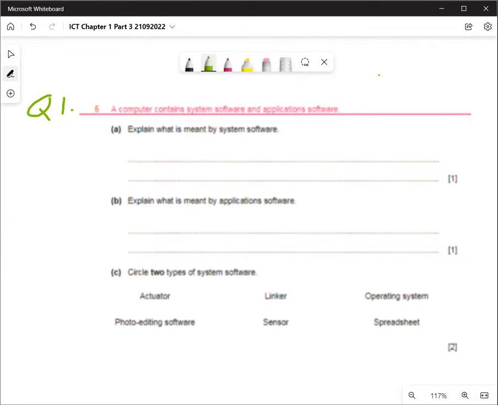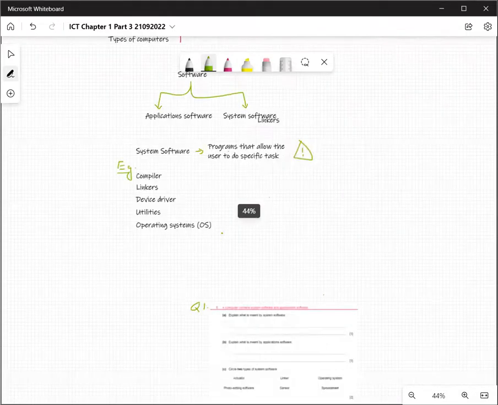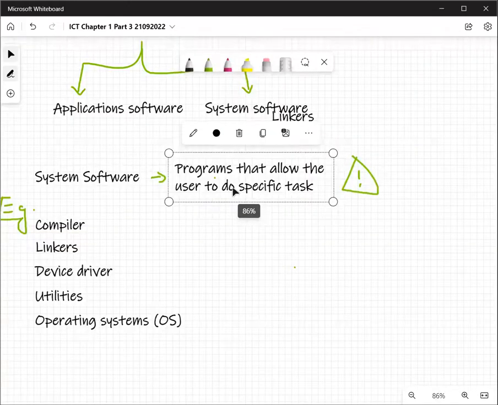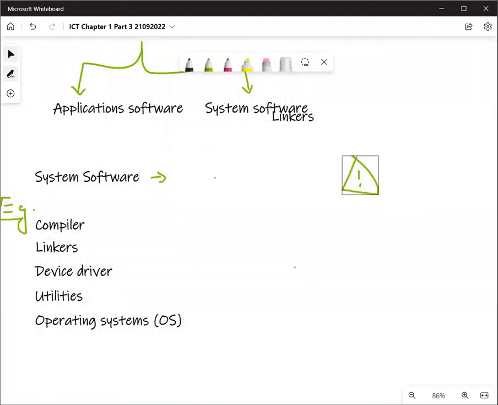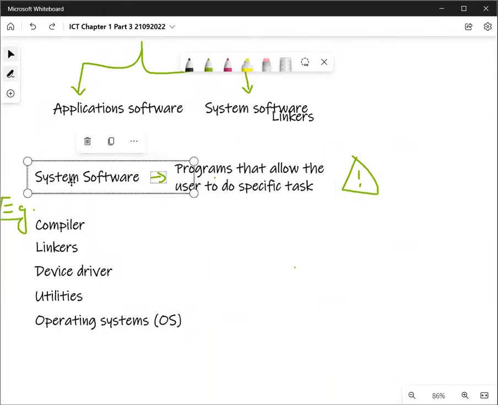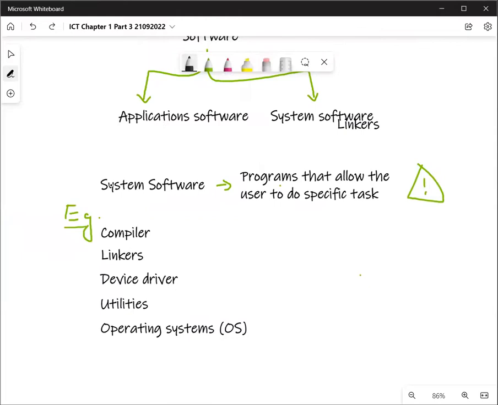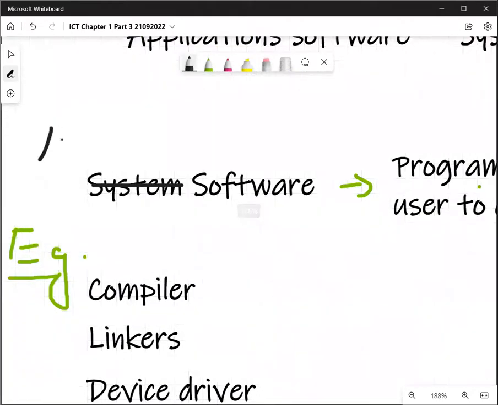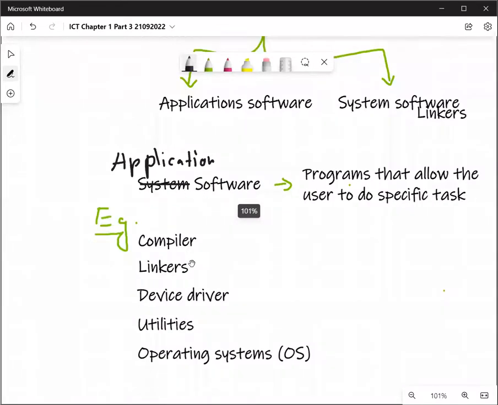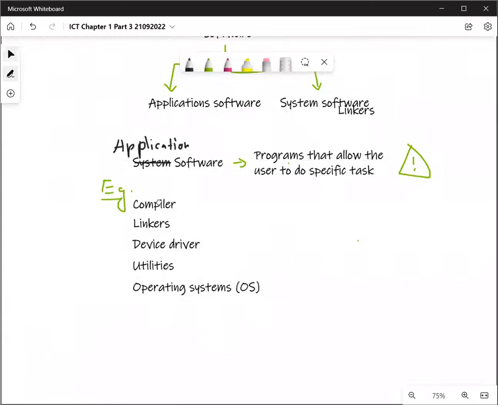Yes. Now, okay, wait. I'm so sorry. Is this what you wrote? Now, please remove this and write. Okay, don't remove it. Instead of this, just write. It's in terms of system software. You can cut this part out and say application software. But these guys are for system software. Okay.